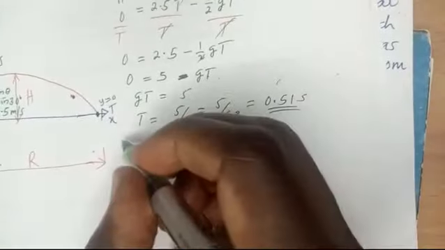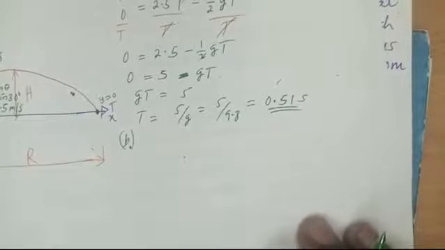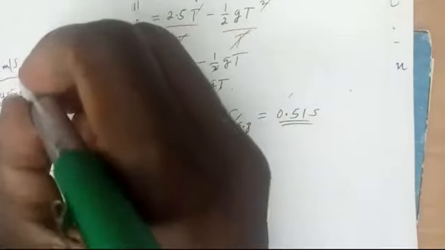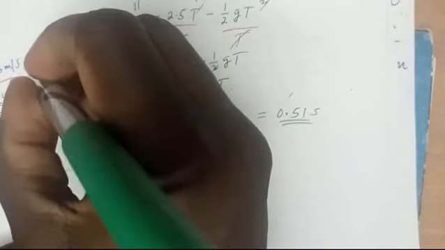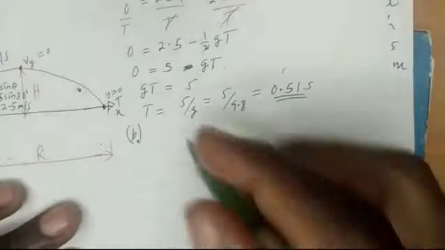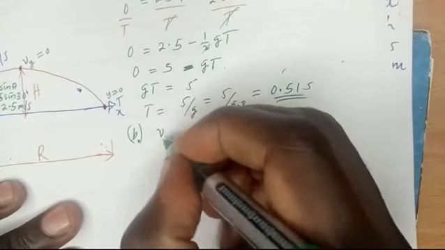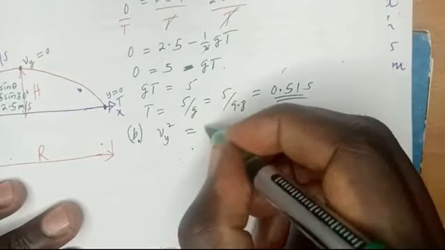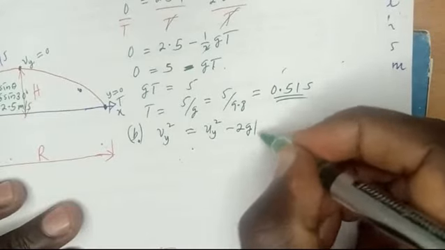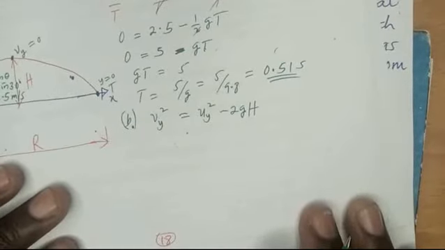Part B says we should get the maximum height. Remember that at maximum height here the vertical component of the velocity is 0. So we will use this formula that says v sub y squared equals u sub y squared minus 2gh, where h is the maximum height.